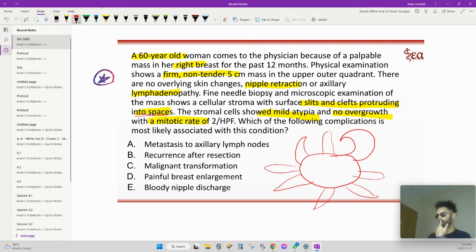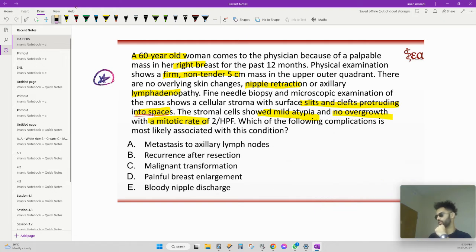One of the tumors that does that is this type of fibroma. I don't know how to pronounce it. Let's see. It's phyllodes tumor, right? So this tumor kind of does that.